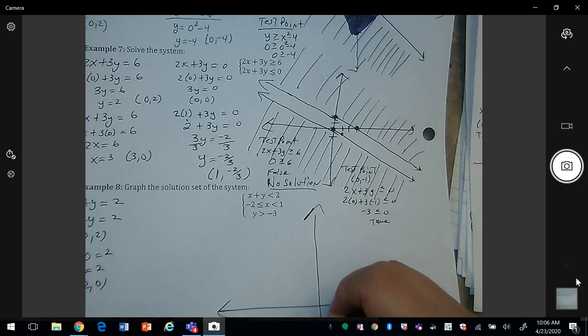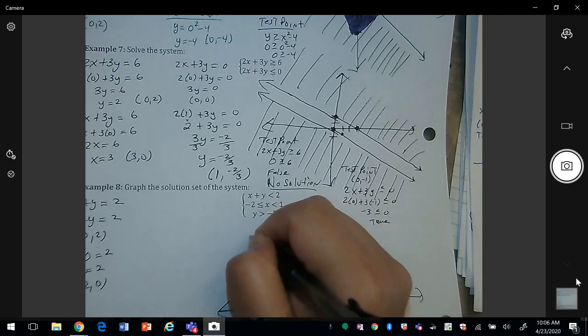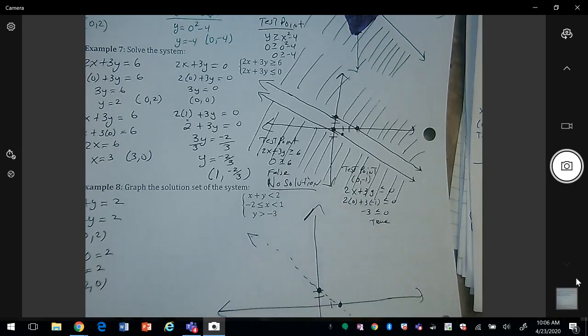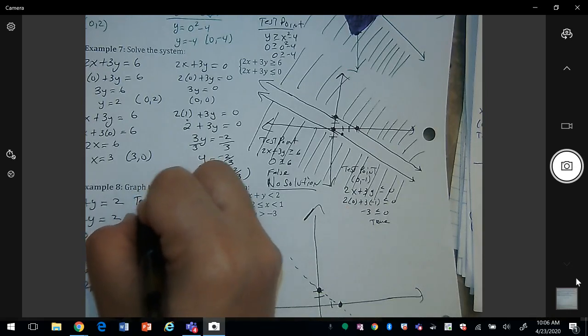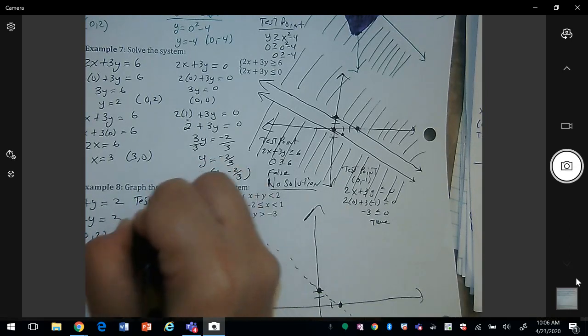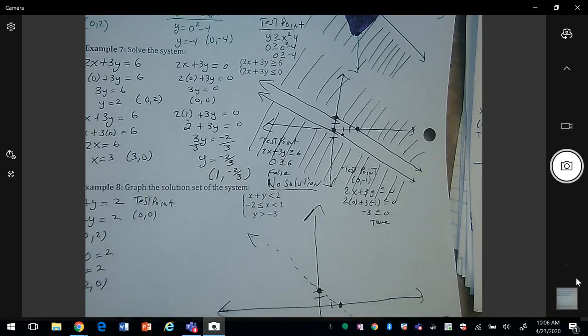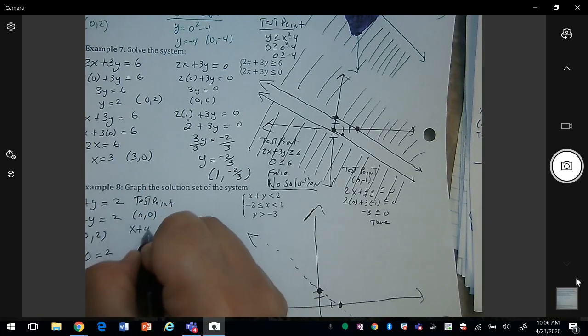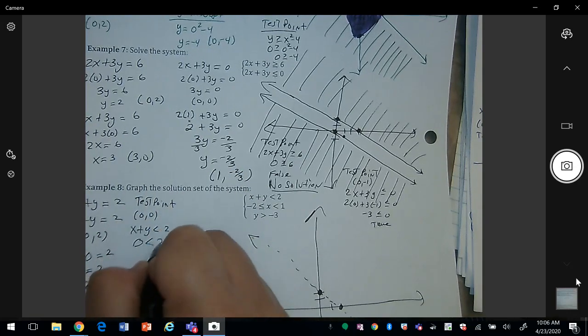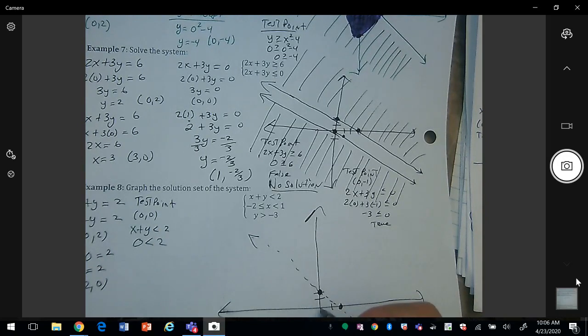So 0, 2, and 2, 0. It is a solid line. And then we're going to use a test point of 0, 0. 0 is less than 2 is true. So we're going to shade below.